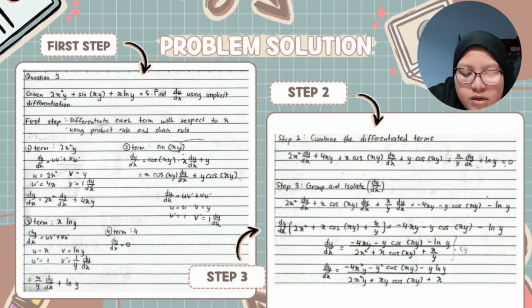Then on the left hand side, we isolate dy/dx, moving the bracket without dy/dx and dividing it with the right hand side, so dy/dx equals negative 4xy minus y cos xy minus ln y, divided by 2x squared plus x cos xy plus x over y. And that's the final answer.